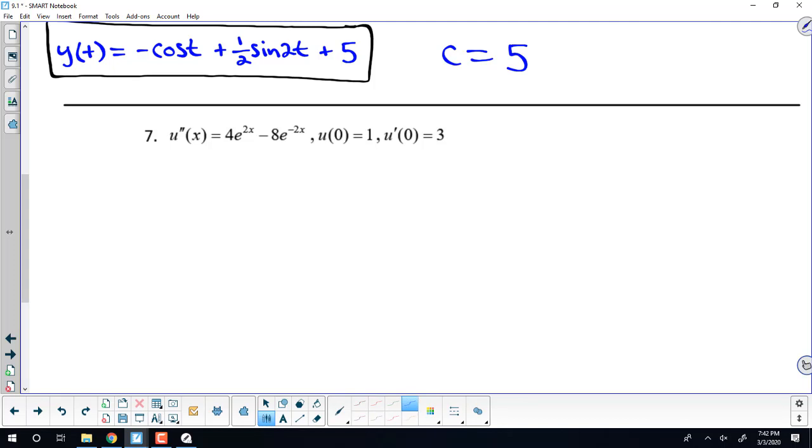All right, second derivative here, we've got an initial condition on the function and the derivative itself. That way we can find both constants.